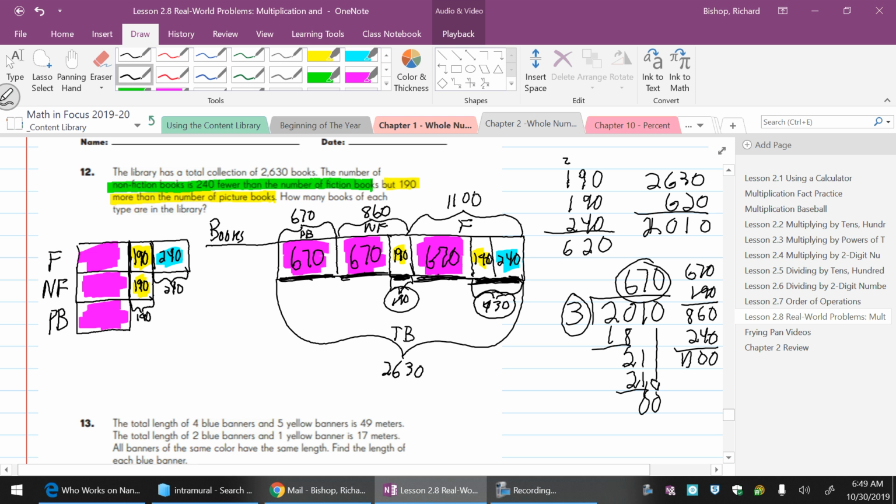So how many of each type? I have 670 picture books. I have 860 nonfiction.